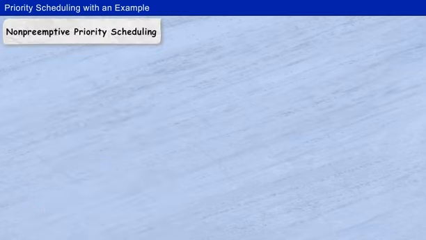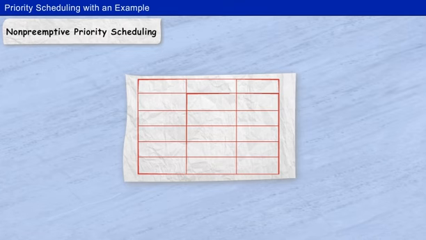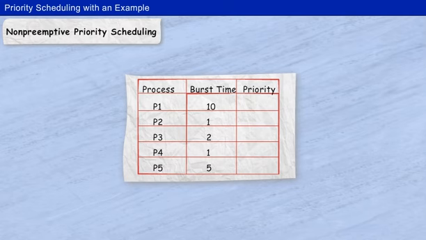Let us discuss non-preemptive priority scheduling with an example. Consider 5 processes P1, P2, P3, P4 and P5 with the CPU burst times 10, 1, 2, 1 and 5 milliseconds, which arrive to the ready queue at time 0 milliseconds with the priorities 3, 1, 4, 5 and 2 respectively.